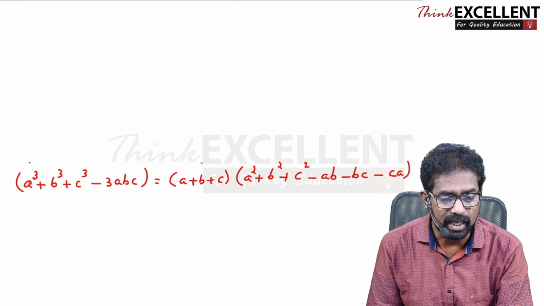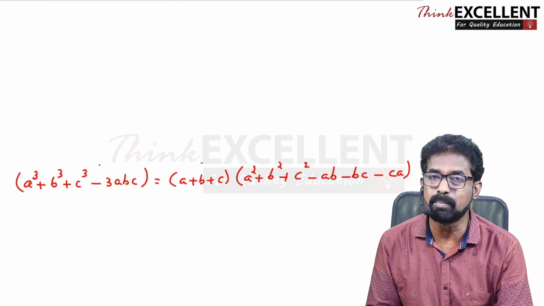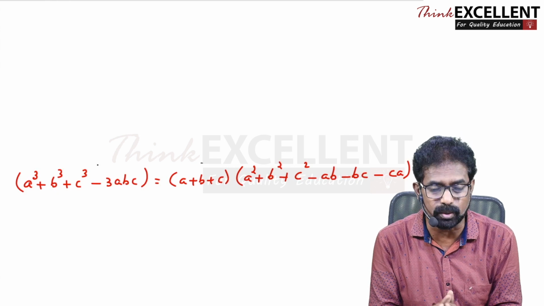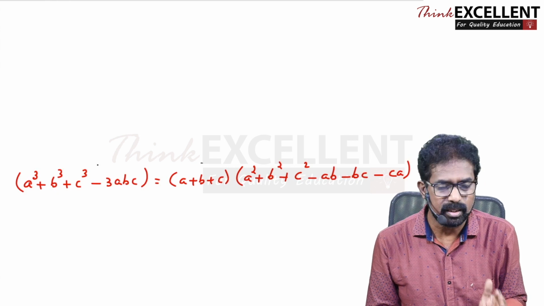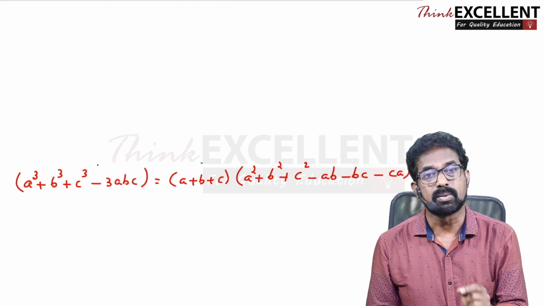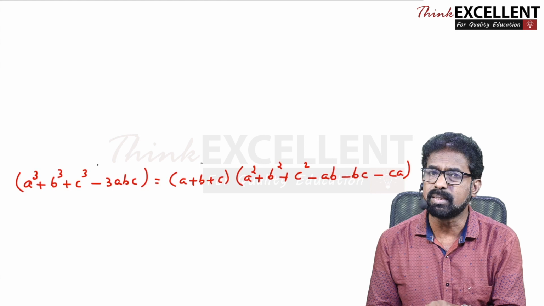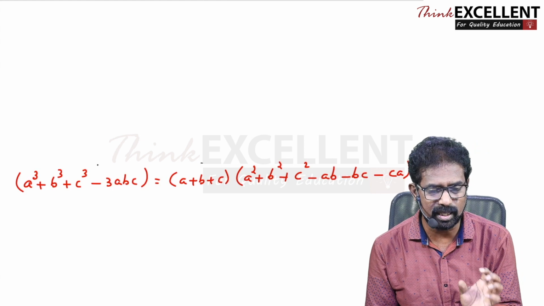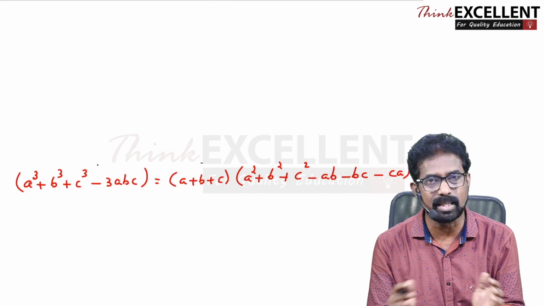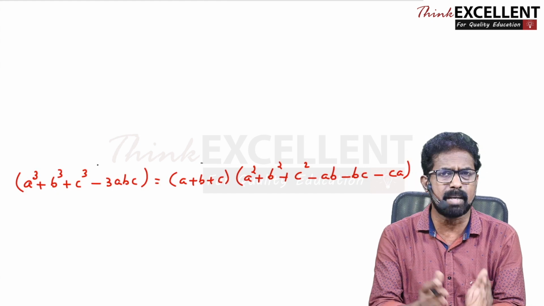Okay, a³ + b³ + c³ − 3abc. a³ + b³ + c³ − 3abc is equal to, you can factorize it, (a + b + c)(a² + b² + c² − ab − bc − ca), right? So see, the left side looks very simple: a³ + b³ + c³ − 3abc. The right side, two factors. The first factor is very simple, a + b + c.